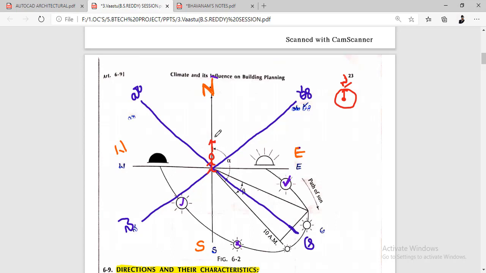If it is the north direction, your right hand is always at east. See, this is the east. And this is the west, so your left hand will always be in the west direction. And your back facing will be south. Just remember it.